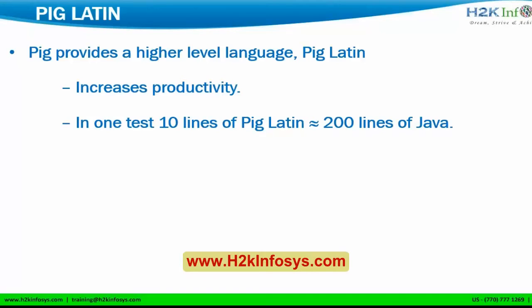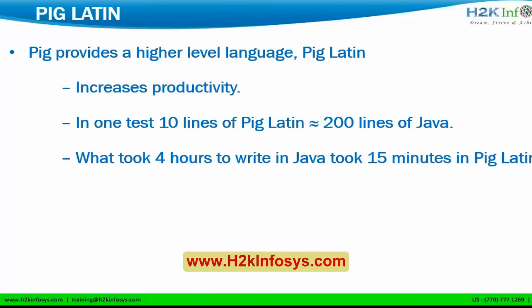So among the high-level languages that were created recently, you can take Pig as a high-level language when you compare it to Java, which is treated as a low-level language today. So whatever took 4 hours to write as a Java program, it takes only 15 or 20 minutes for me to write the same functionality through Pig Latin. So that is one of the main advantages.